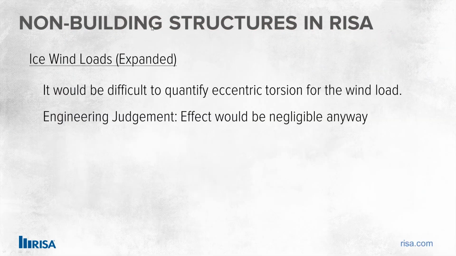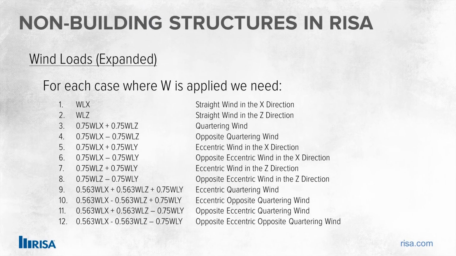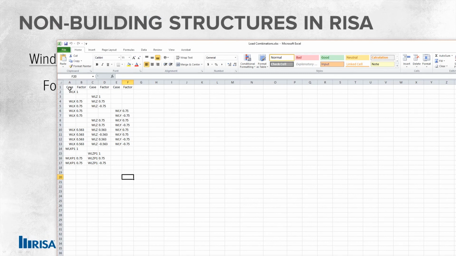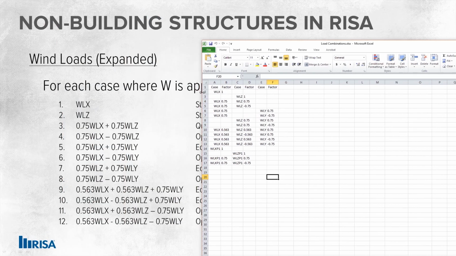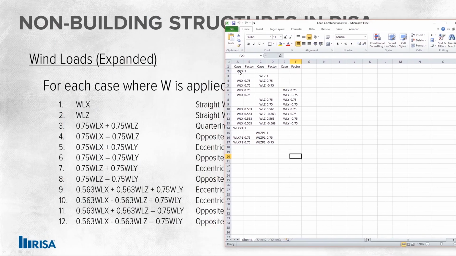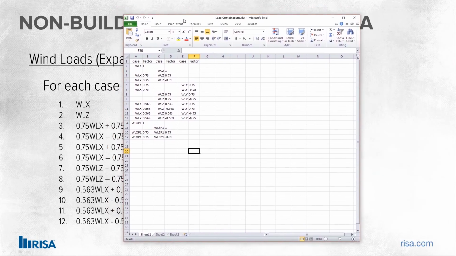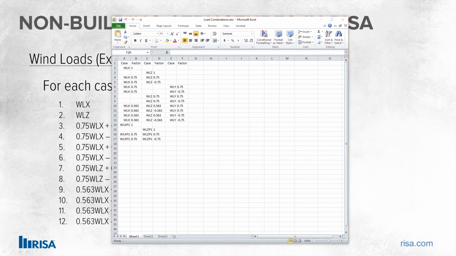So if we come back here for a moment, when I talked about all of these different wind load cases, you can see in this spreadsheet that I've created ahead of time that I have all these. There's WLX, there's WLZ, there's quartering and the opposite, and there's the torsional, and there are even the ice cases that we have here.